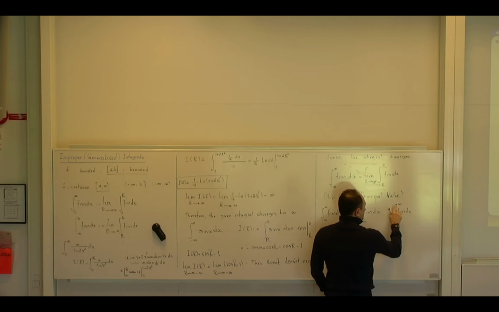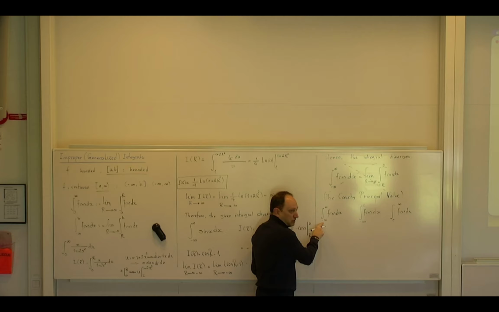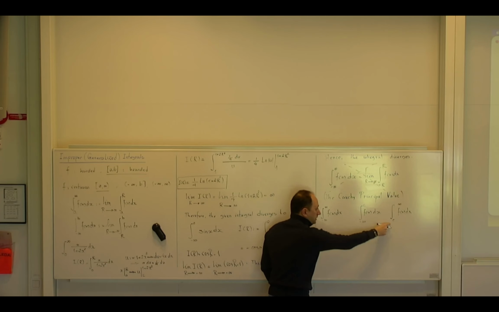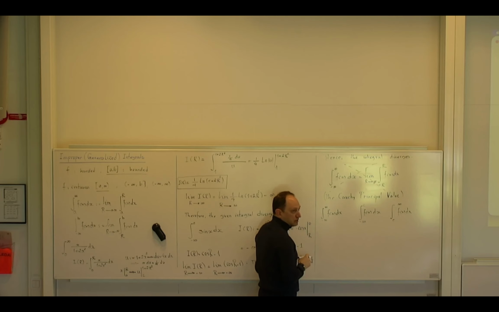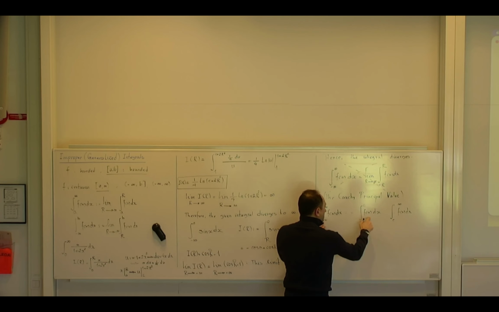Whenever I don't put plus, I mean plus infinity. So we say that this integral converges if for any choice of c, any number c, both of these integrals converge, yes? And in that case, we say that the value of this is equal to this plus that.